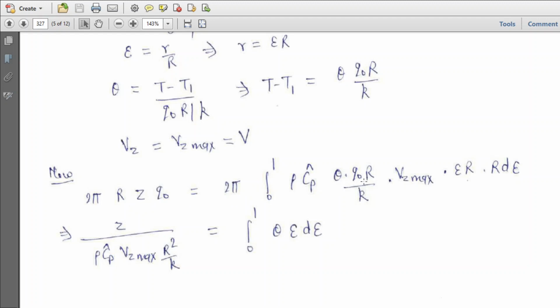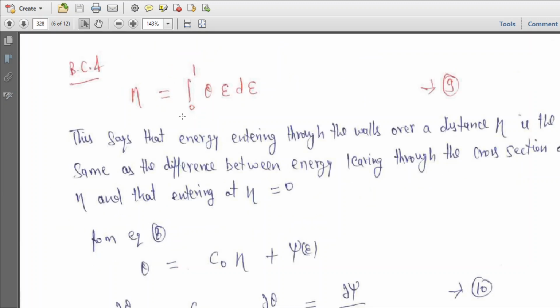So you will get 2π R z Q₀ equal to 2π ∫ from 0 to 1 of ρ Cp θ Q₀ R/K Vz max ε R, R dε. From here you get z/(ρ Cp Vz max R²/K) equal to ∫ from 0 to 1 of θ ε dε. This is the expression of η actually, so η equal to ∫ from 0 to 1 of θ ε dε.